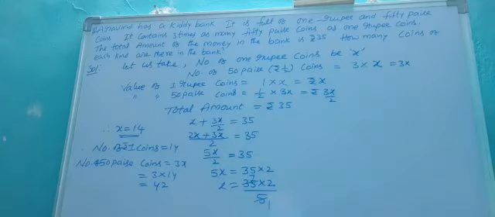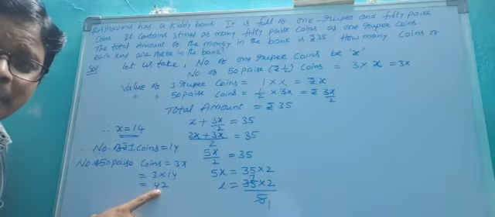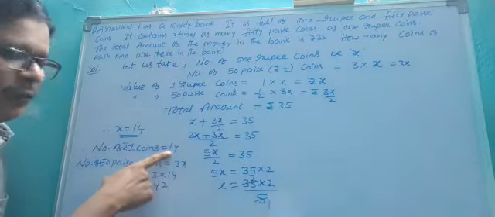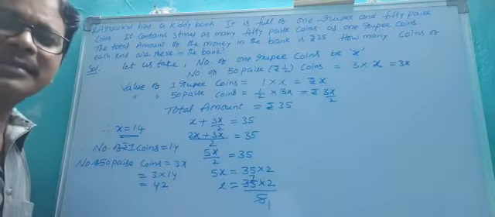So 42 coins means 21 rupees, and the 14 coins are 14 rupees. 21 plus 14 equals 35 rupees in total.